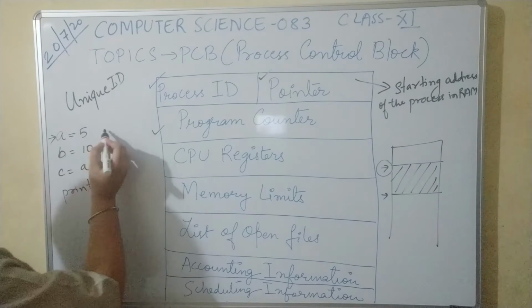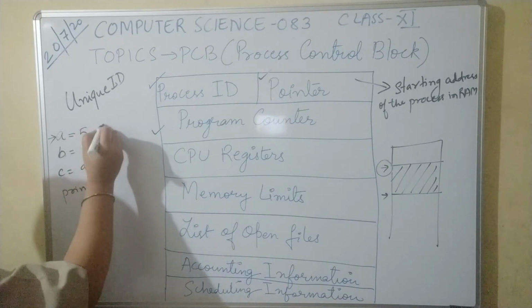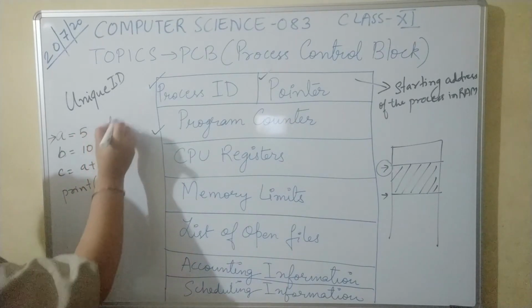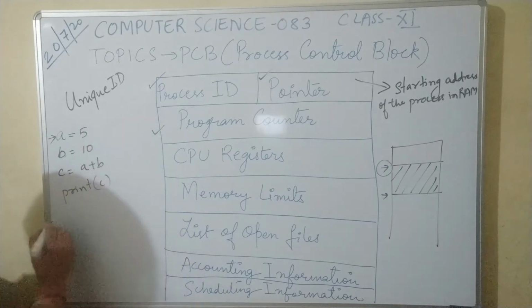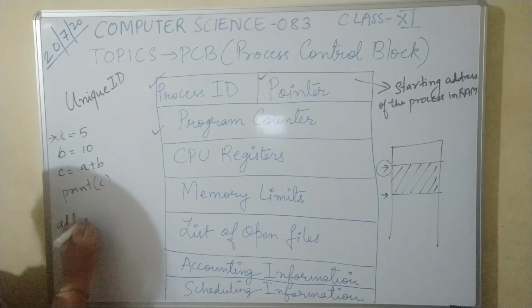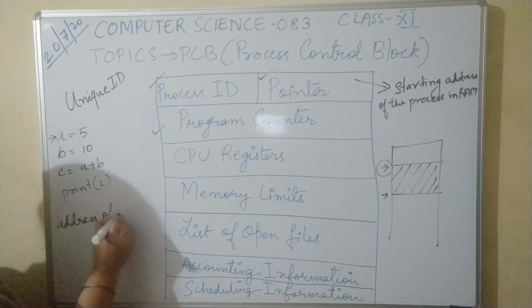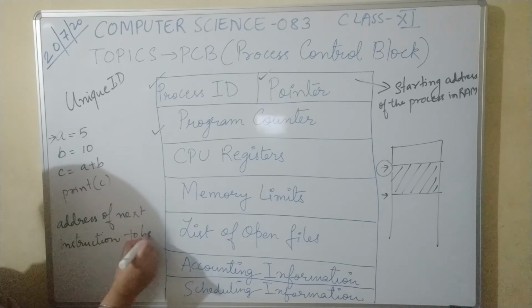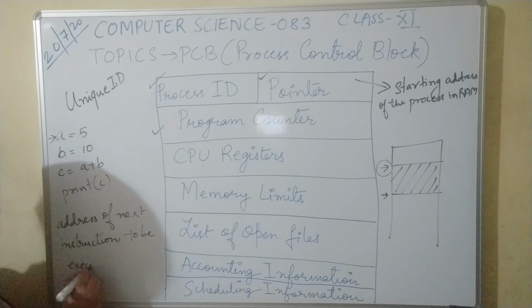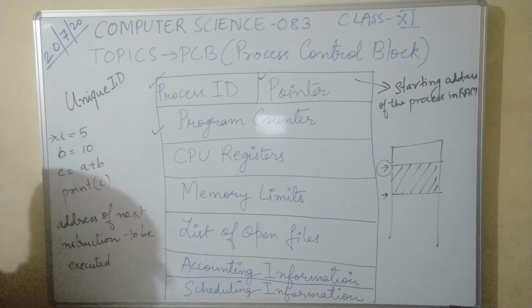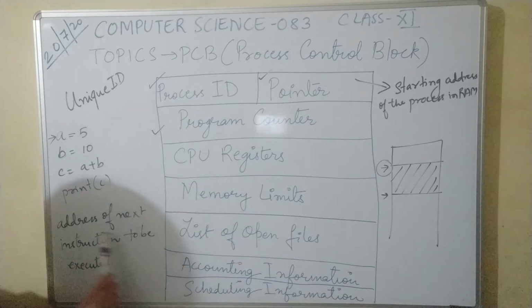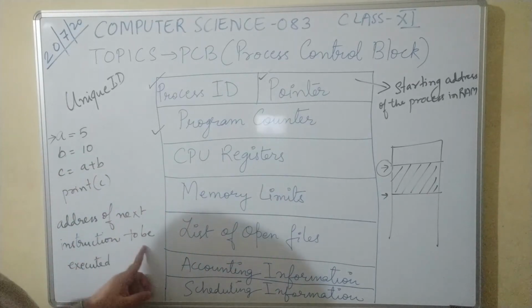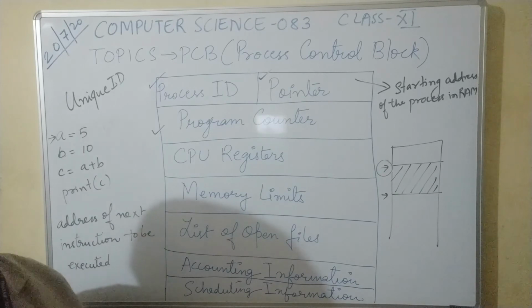So program counter will contain the address of the next instruction to be executed. It contains the address of the next instruction to be executed.